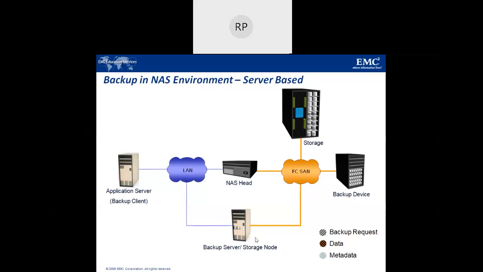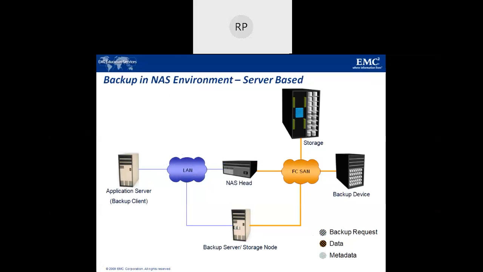Application server based backup. In this, the NAS head is going to retrieve the data from the storage array over the network and transfer it to the backup client, which is running on the application server.